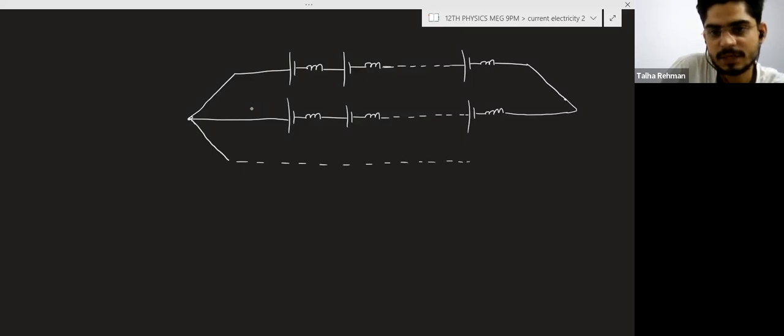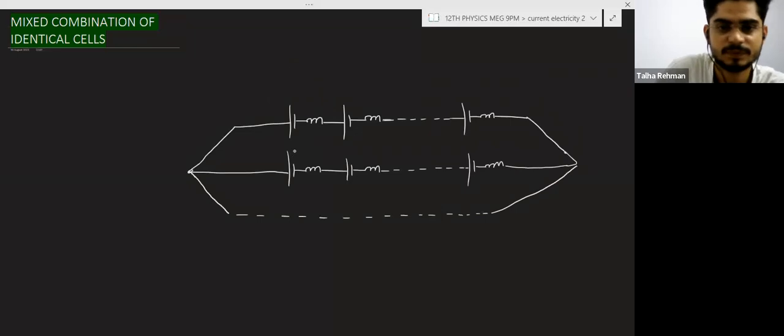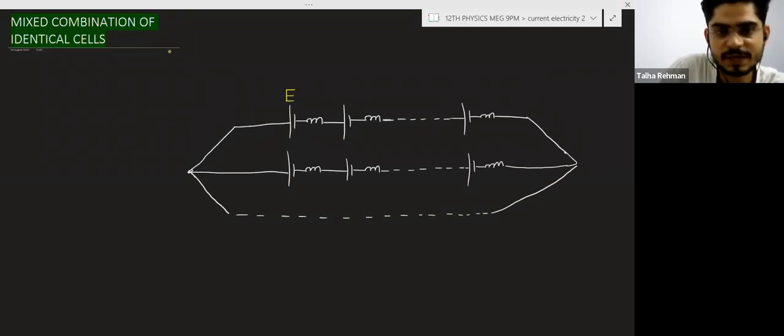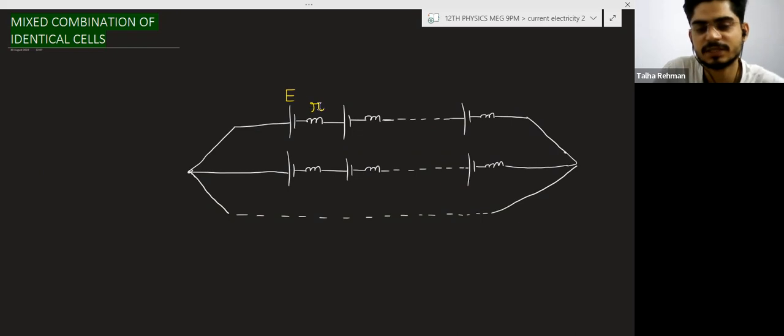Just see here. You have identical cells, all cells are identical. So all cells have the internal resistance r and the EMF E. This is one row.